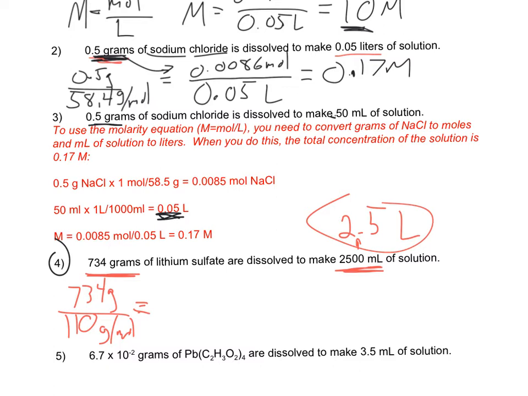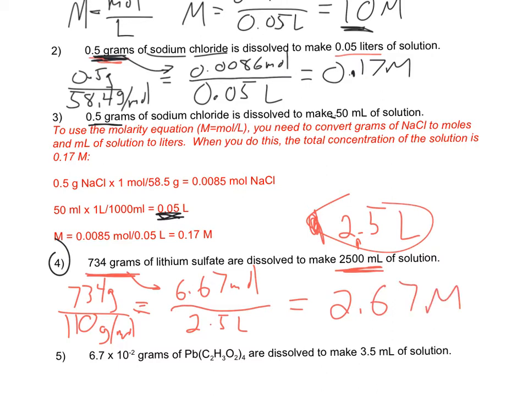So the number of moles is 6.67 moles. Okay, so 737 grams equals 6.67 moles. And we now use the volume that we figured out up here, which is 2.5 liters. So the molarity of that solution is 2.67 molar.